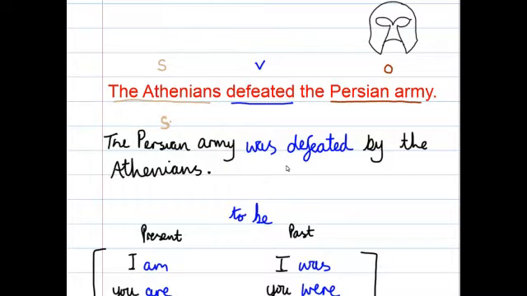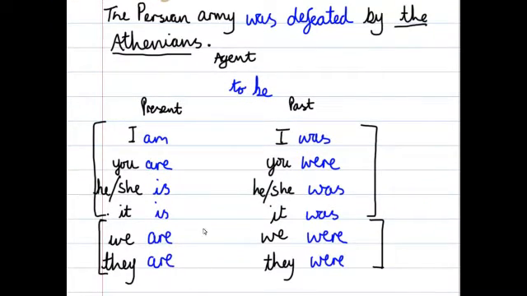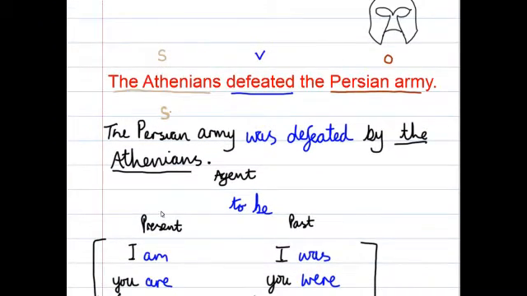Now the Athenians were the subject, but now they are known, if you want the grammatical term, as the agent. So the thing or person who is responsible for the actions. The Persian army is still the subject, and the verb is the same, although we have to add, it's the past participle, and we have to add the extra verb to be, depending on what form it is here.